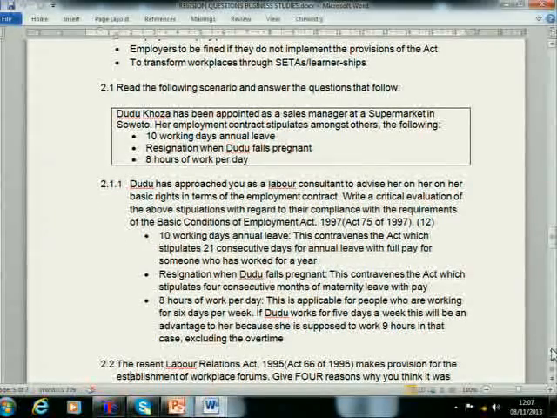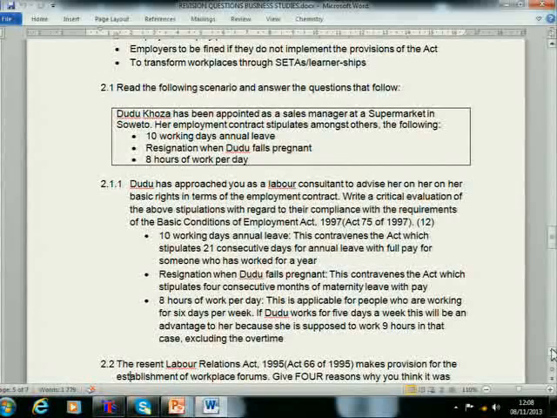Dudu has approached you as a labor consultant to advise her on her basic rights in terms of the employment contract. Write a critical evaluation of the above stipulations with regard to their compliance with the requirements of the Basic Conditions of Employment Act. You are given the scenario.